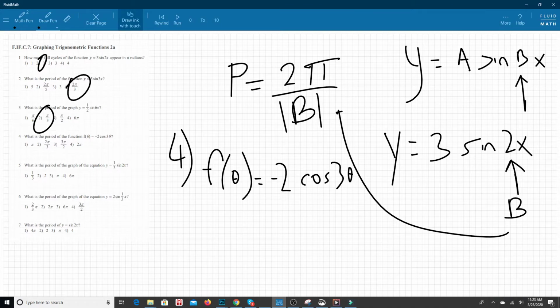They want, again, a period. Remember, this is our B value once again. Let me draw it with a different color. I'll use red. That's our B value. So it'll be 2π over 3.